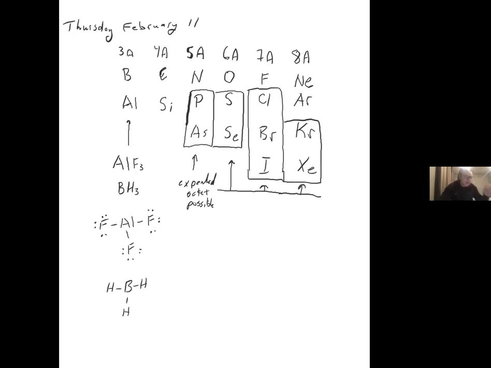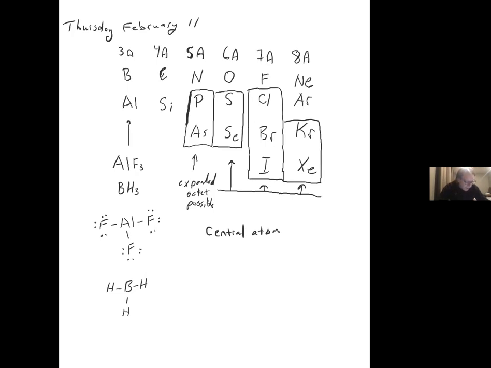So this is the expanded octet where it's a possibility. It doesn't mean that there's necessarily going to be expanded octet, but normally it can happen. But there are certain rules for this. One is that these elements have to be the central atom. It's not going to happen to any of these elements if they're not the central atom.